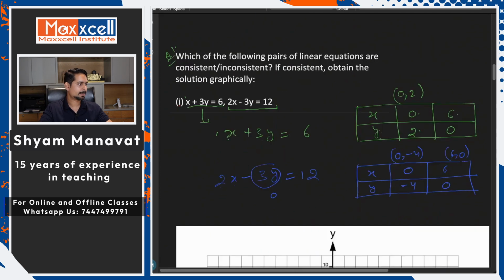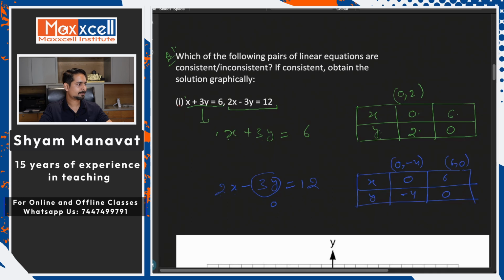Let me create some space here and paste this here. So A1 is 1, B1 is 3, and C1 is 6, the respective values if you compare.